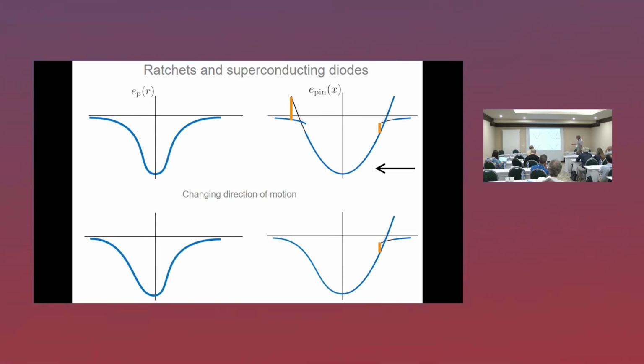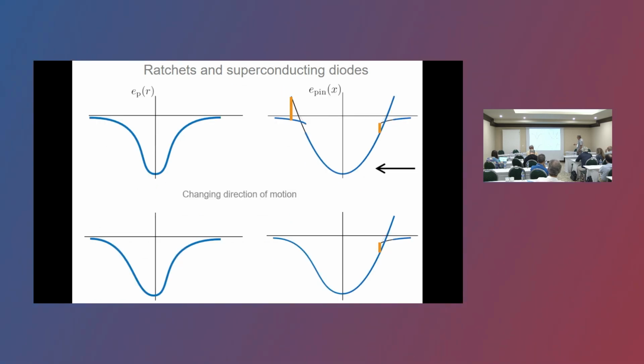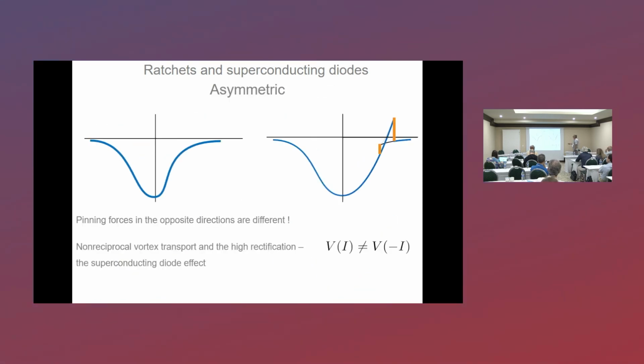Now if we have an anisotropic center, then before we had a jump here, which was big. Now we have a jump here, which is small, which means that the pinning force in the opposite direction is different.